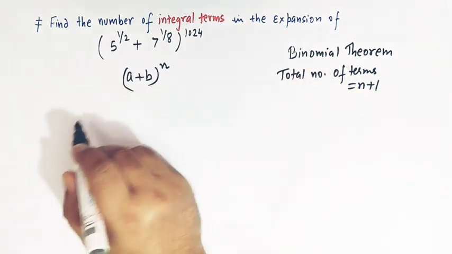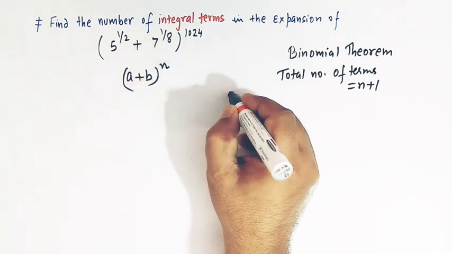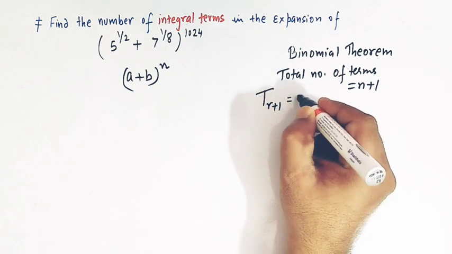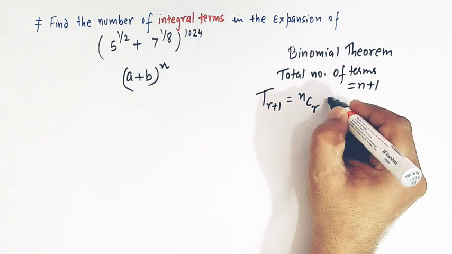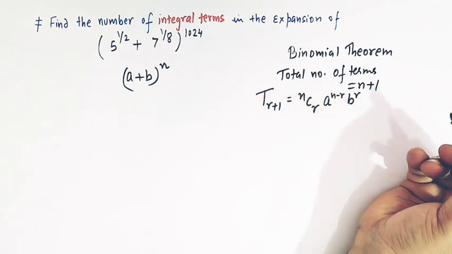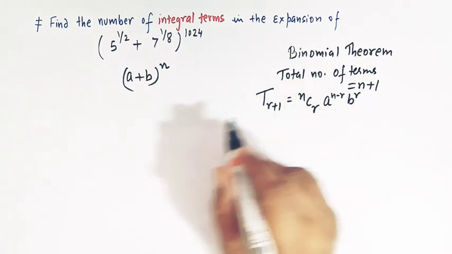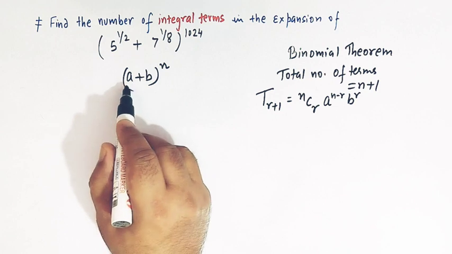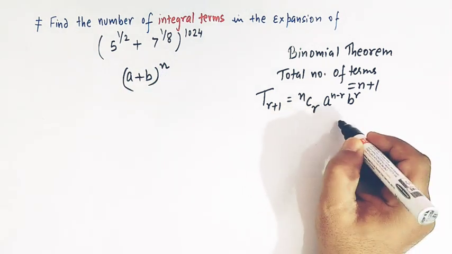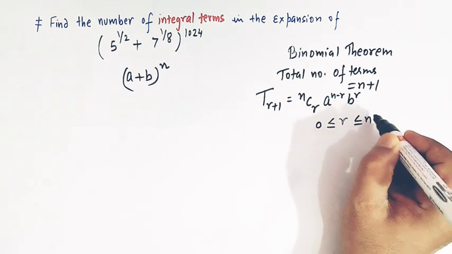The general term in this expansion can be given by T r plus 1 equals nCr, a raised to n minus r, and b raised to r. This is the expression for finding the general term in the expansion of a plus b raised to n, and r satisfies this inequality.